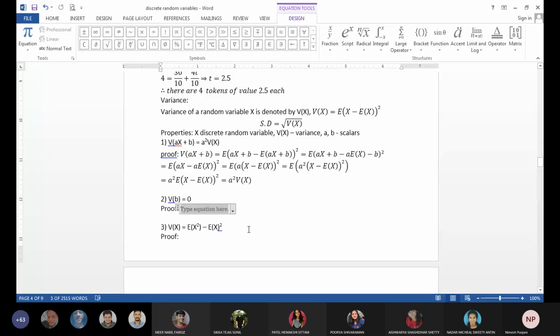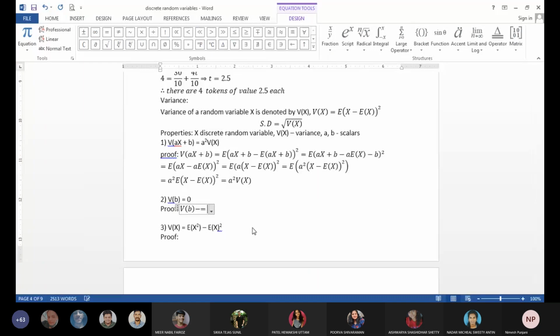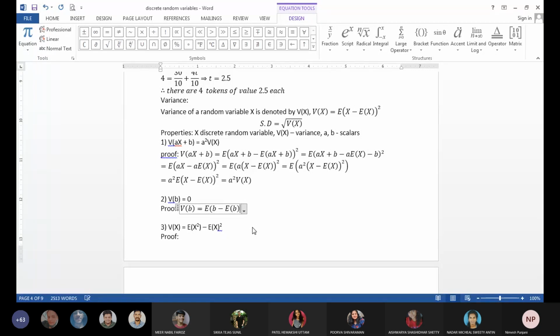We start with variance of b. What is my formula? Expected value of b minus expected value of b the whole square. In the variance formula, expected value of x minus E of x the whole square, I have replaced x with b. So this is what I get.